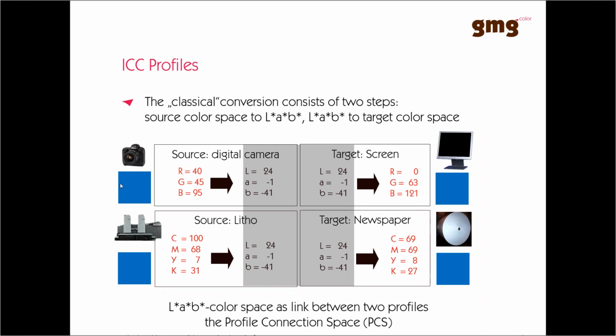Also, like from here, you have an RGB image taken from your digital camera. You have your RGB color values, and by using ICC profile conversion, you can now convert that color value to another device-dependent color space, in this example, newspaper. So this allows you to just convert from one to another, vice versa.